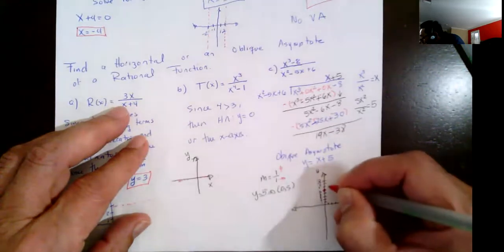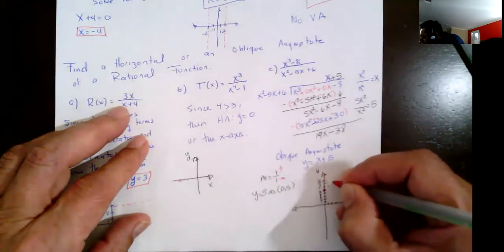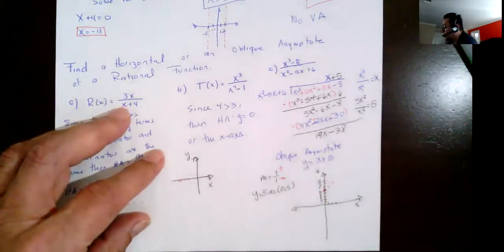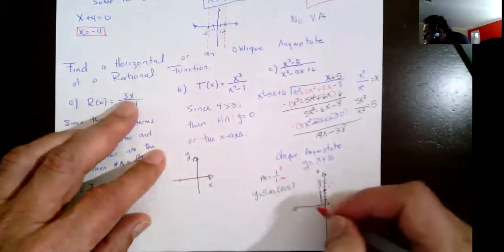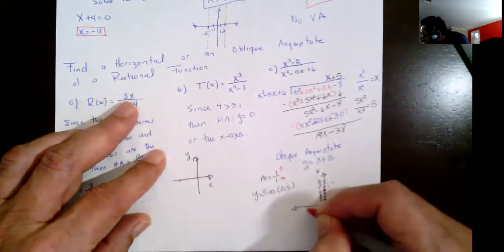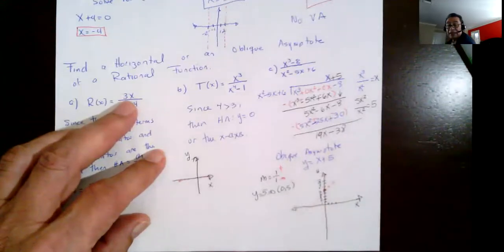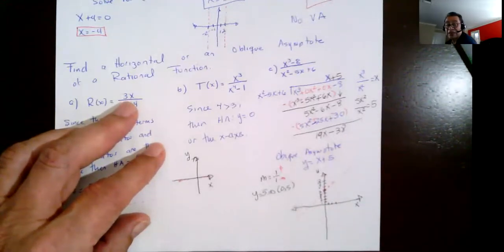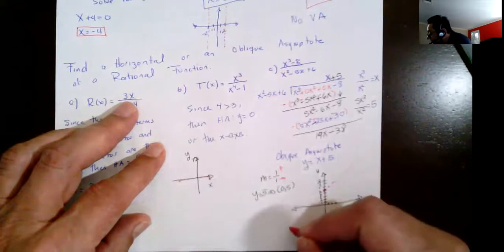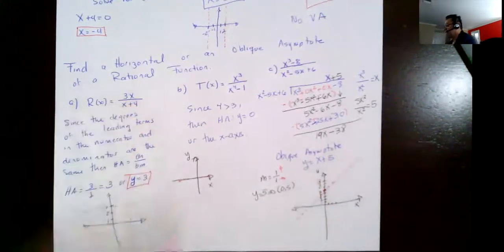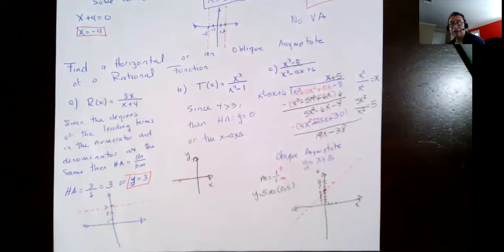If you want to get more points, go up 1 and 1 to the right again. Now that you have these points, connect them with a dotted line. That dotted line is the oblique asymptote. All right, so this is just a refresher on how to graph lines.